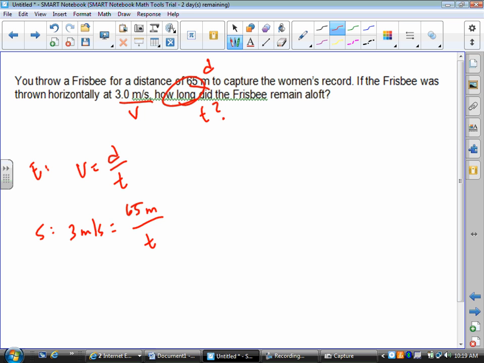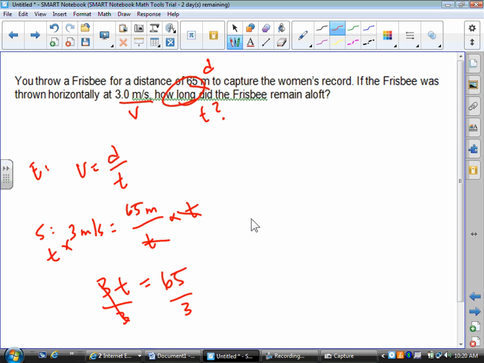For algebra, what would we do to solve this? Oh, you're close. Right now, t is on the bottom, right? So we actually multiply both sides by t, and you would get 3t is equal to 65. Then what do we do to get t by itself? Divide both sides by 3.